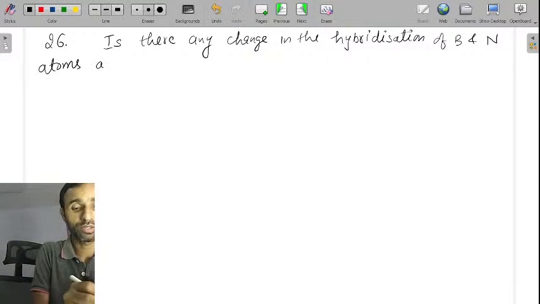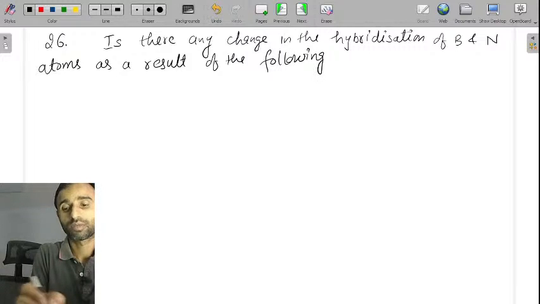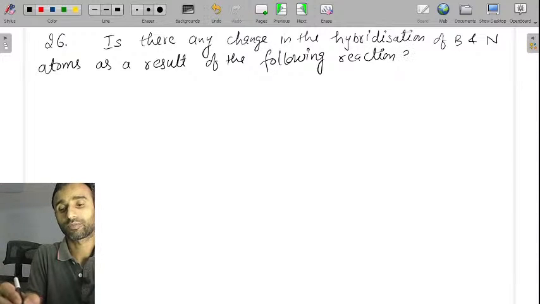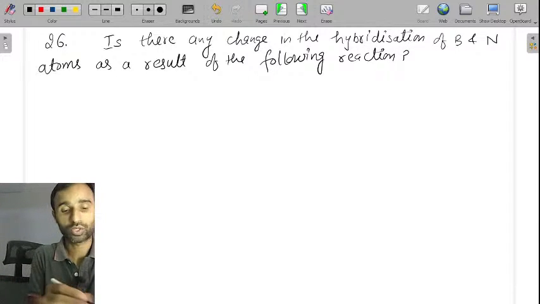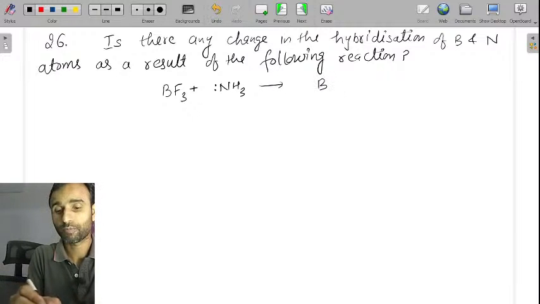as a result of the following reaction. So the reaction is BF3 plus NH3 to form BF3·NH3.